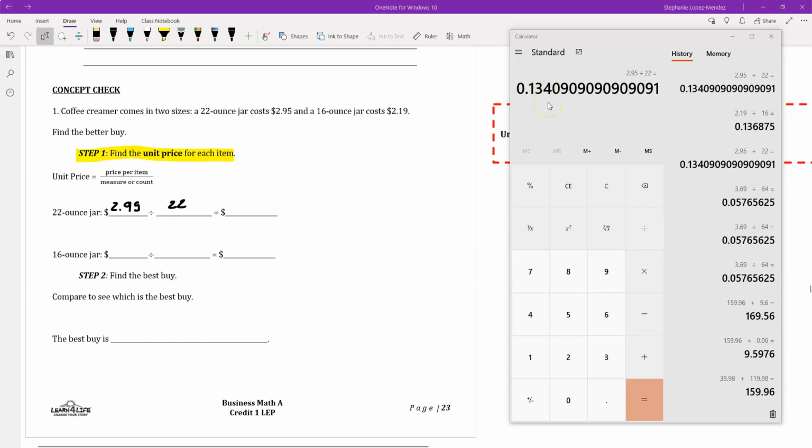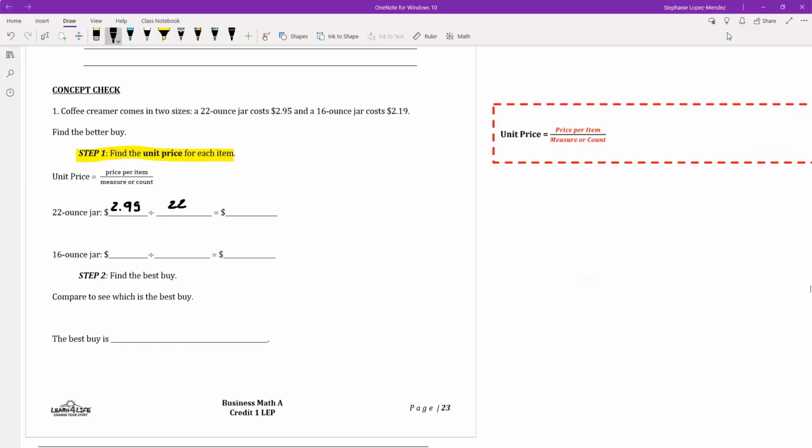That number is still less than 5, so I don't have to round it. I can only work with 0.13. So I am going to round this and write 0.13.